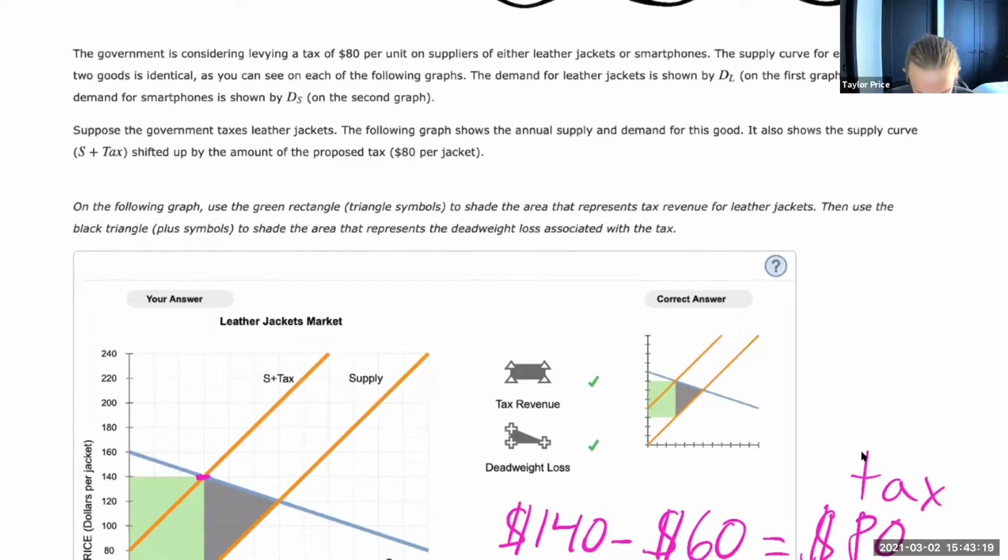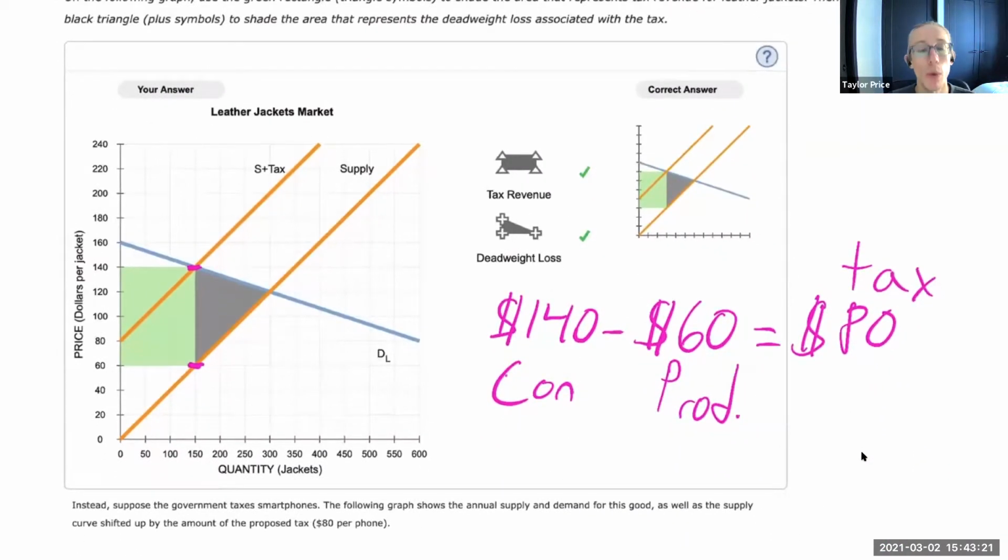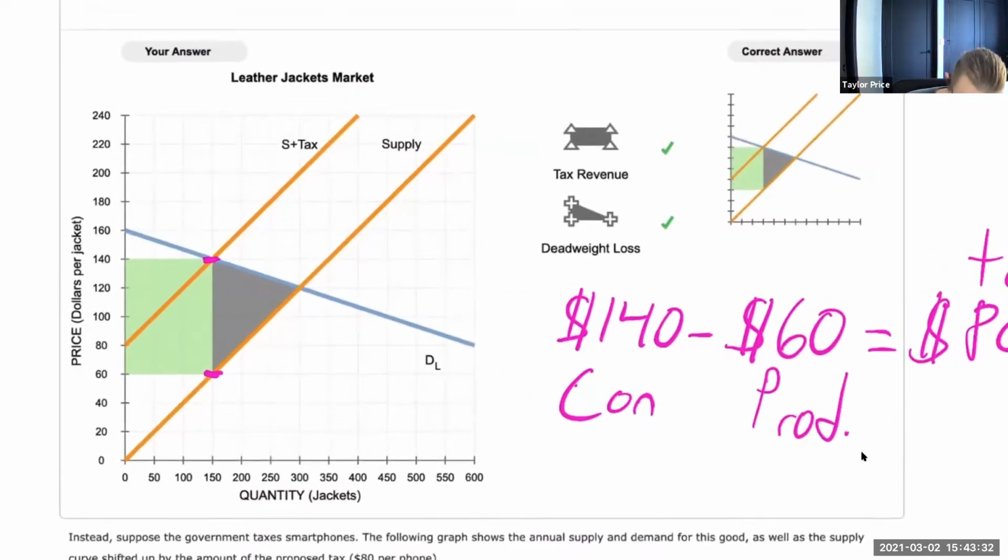In this first example, what we had to do was show the tax revenue of the government, which is effectively just, I'll zoom in, the difference between the price buyers are paying and the price sellers are receiving, and goes all the way to the price. So basically that chunk right there is tax revenue.